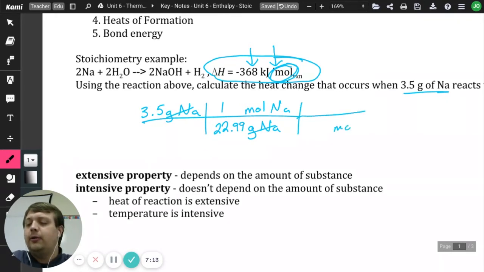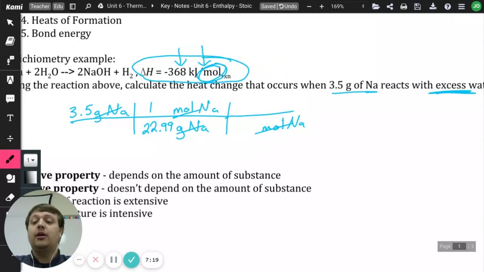Okay. Now, again, I look at this and I see moles of sodium is not what I'm looking for, so I drop it low. So moles of sodium, we cancel that out, and we're trying to solve for heat. So we're solving for that energy. So we do know of a conversion to go from moles into kilojoules. We can do that using this number right here. So I have, for every 1 mole, there's negative 368 kilojoules.